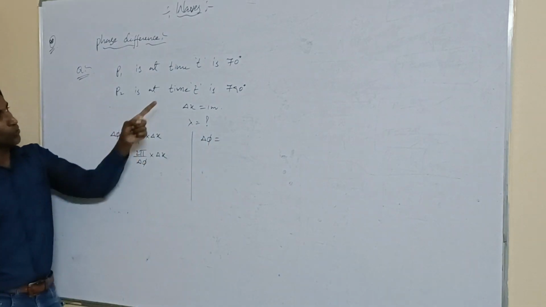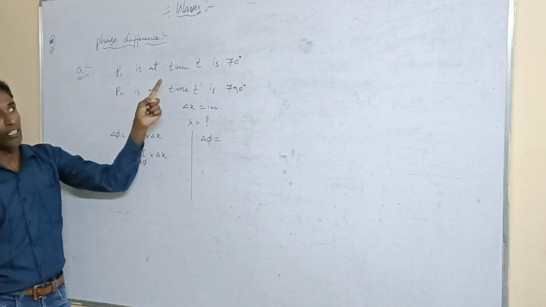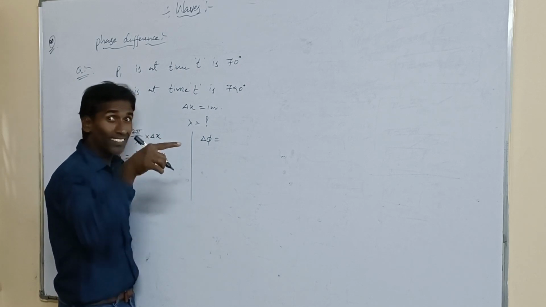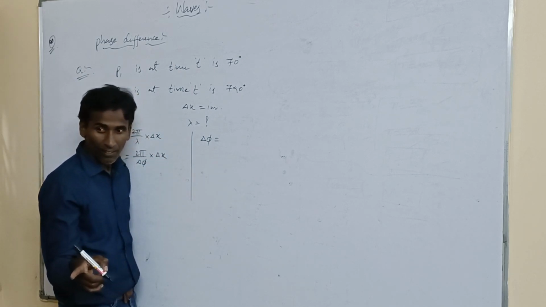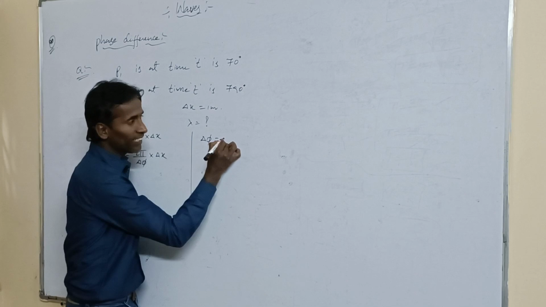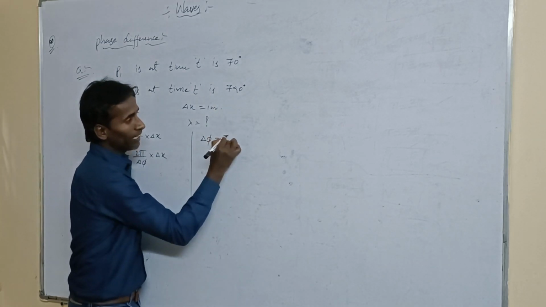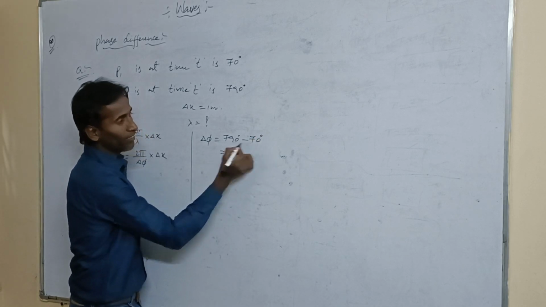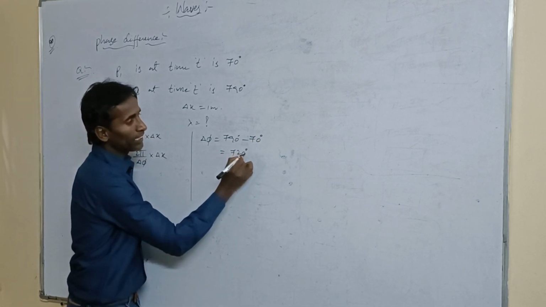Δφ: two particles with different degrees are given. Δφ means, as the name says, the phase difference. Phase difference is 790 degrees minus 70 degrees. 790 minus 70 is 720 degrees.